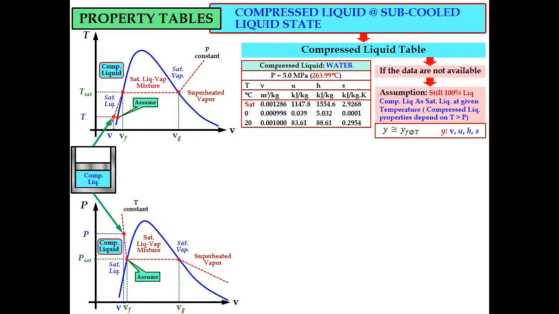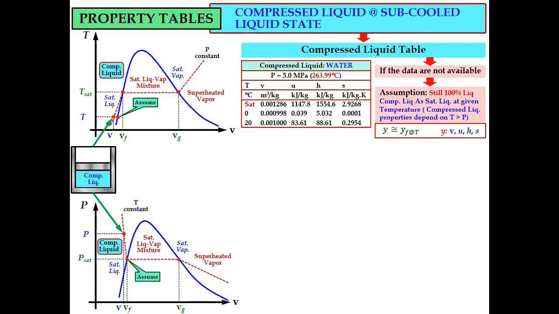So for the assumption, all the properties such as specific volume, internal energy, enthalpy, and also entropy for the compressed liquid state that we assume as saturated liquid, we need to refer to the value Y equal to Yf at a specific temperature. Y represents the value of v, the specific volume, internal energy, enthalpy, and also entropy.